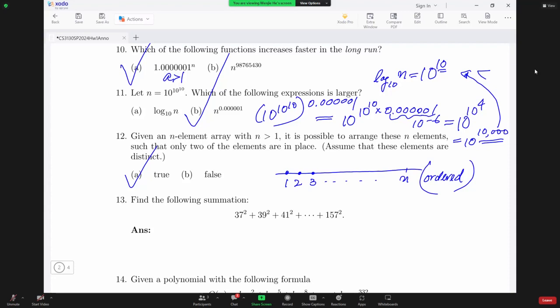Then we fix the first 2, in place. When we fix them, they are in place. All the remaining ones, now we do rotation. How about that? One position shift to the right.